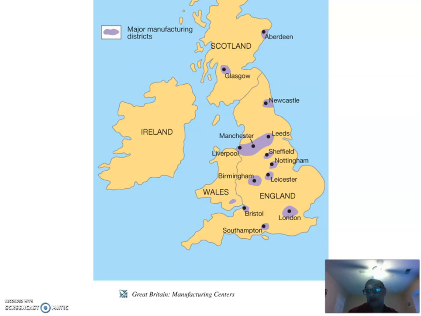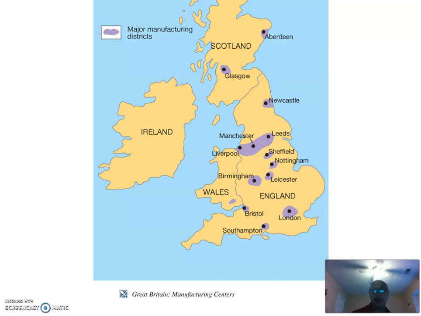Not to mention that, once again, and we mentioned this already, Britain had the funding through colonization. It had the capital to really make all this happen. In the earliest period of the Industrial Revolution, manufacturing needed to be located close to coal fields, and manufacturing plants needed to be connected to ports where raw materials could arrive and finished products could depart.